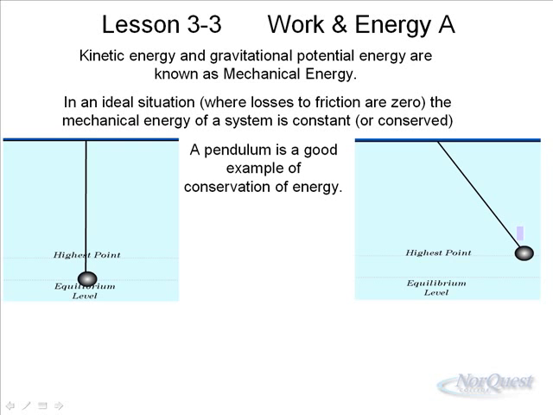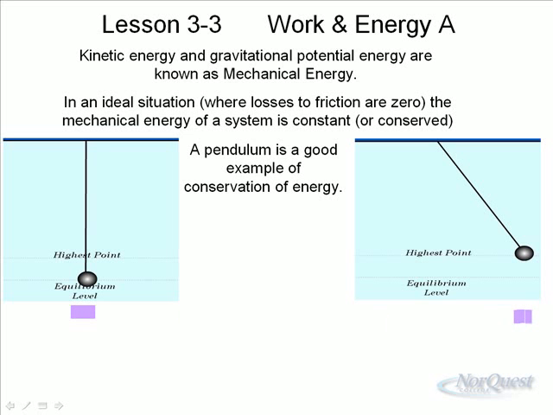So here's an example of conservation of energy. A pendulum, of course, has high points and low points in its trip as it goes from left to right. So here it is at the bottom. That's called the equilibrium level, and that's where, as it's moving back and forth, it would have zero potential but lots of kinetic energy.